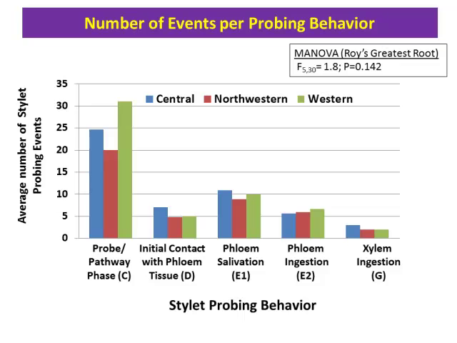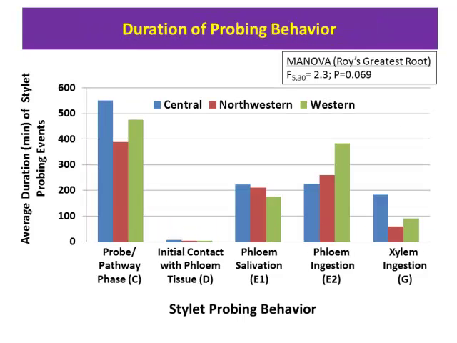And when we looked at the duration, because they can go into an event twice or three times, but it really depends on how much time they spend doing that. When we look at the duration during those probes, basically they are spending almost the same time, with statistically only a small difference.